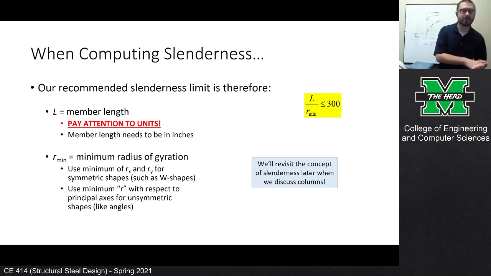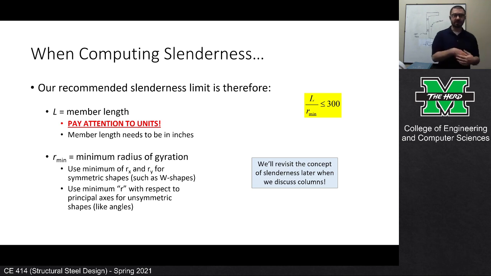For the radius of gyration, what we care about is this from a handling perspective. So we just want to use the minimum radius of gyration that's available for the shape, because that'll yield the maximum slenderness. Really what we're trying to do is just ensure that the shape isn't too slender. So we want the worst case scenario. For symmetric shapes like W shapes, WTs, and channels, just use the minimum of whatever rx and ry are.